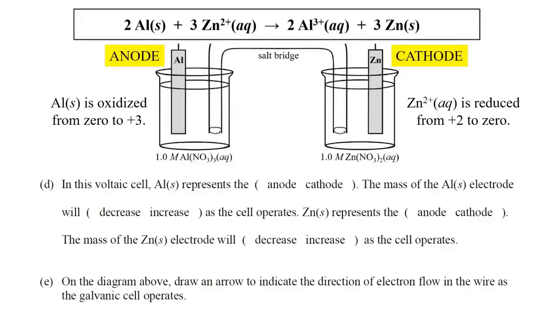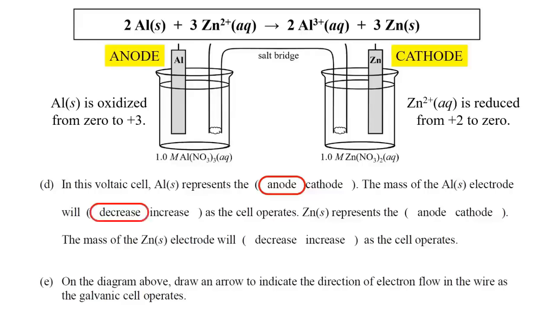So in this voltaic cell, aluminum represents the anode. Now, what about the mass of the aluminum electrode? Well, if it's changing from atoms of aluminum to aqueous ions of aluminum that are being dissolved and released into the solution, then the overall mass of the aluminum electrode should decrease as the cell operates.